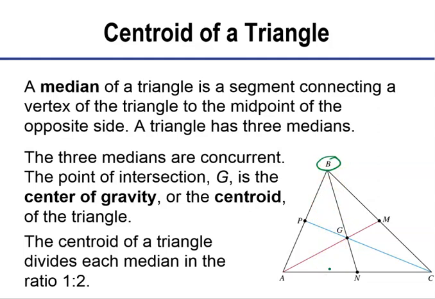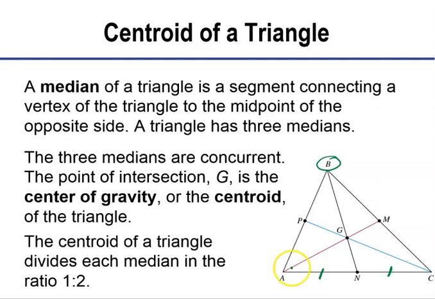So this is a segment bisector. We're dividing the side across from our vertex or our angle into congruent parts. That means that AN and NC are the same length. Okay? That's called a median. All right?